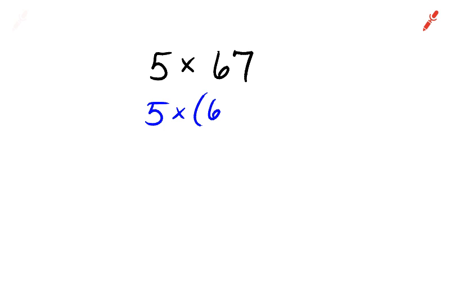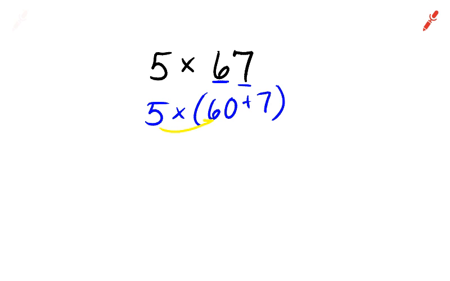So let's do 5 times 67. Okay, so again, you think of that number 67. It would be 5 times 60 plus 7, all right, because we break it up into two parts. The number in the tens column, 6, represents 60, and then the 7 just represents 7, all right.